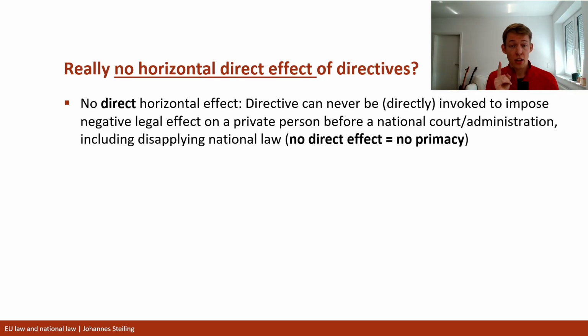But the first exception, which is not a real exception, we've already talked about, because we talked about that primacy also includes interpreting national law according to EU law.